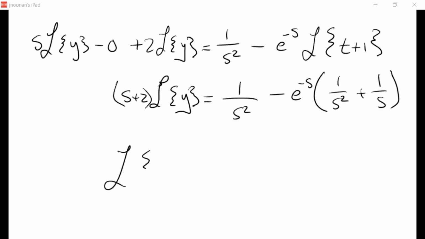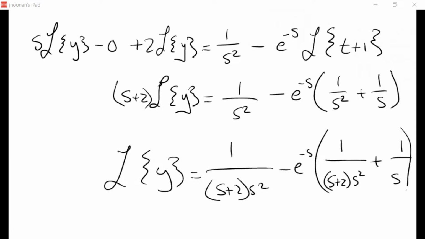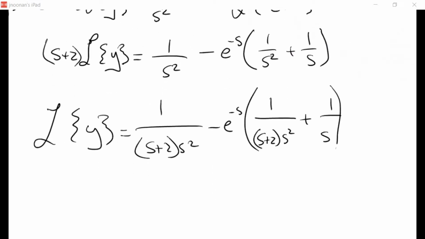So Laplace transform of y is equal to 1 over s plus 2 times s squared minus e to the negative s, 1 over s plus 2 s squared plus 1 over s. Oh, I messed up. That's better.